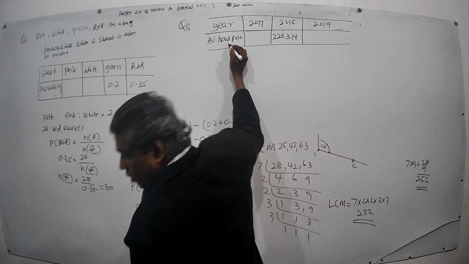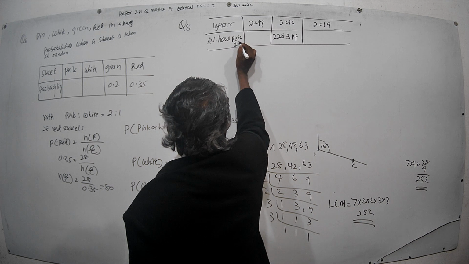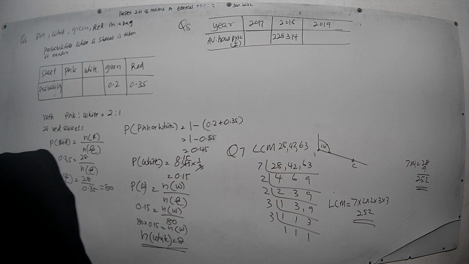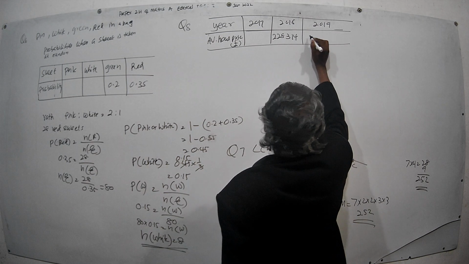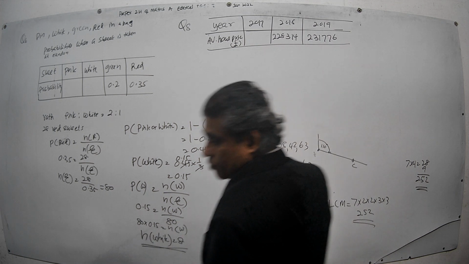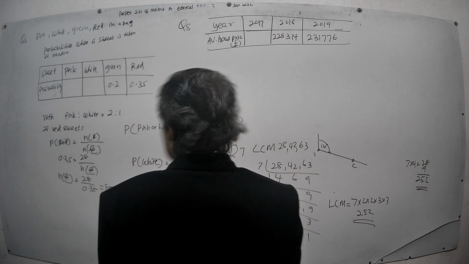This I think is in pounds here. Then the next value is 2019, 231,776. 231,776. 228,314.